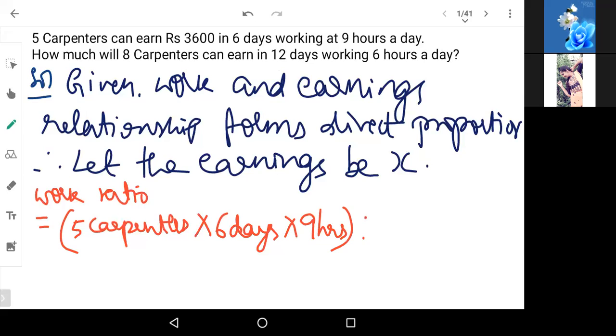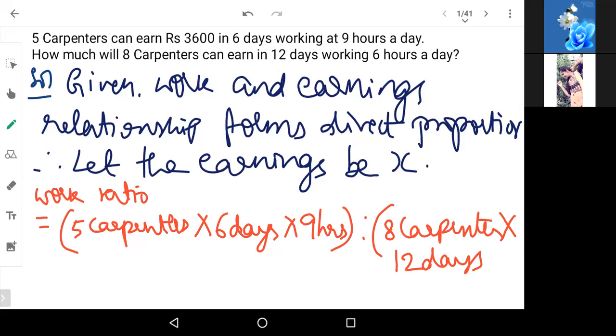In the second line, there are 8 carpenters working for 12 days and 6 hours. 8 carpenters, 12 days, 6 hours. So this is the ratio that we got.